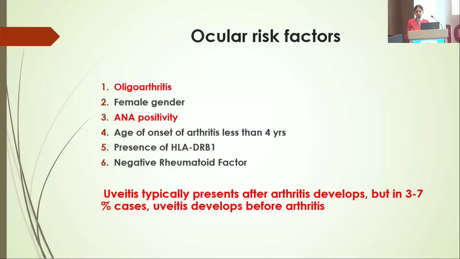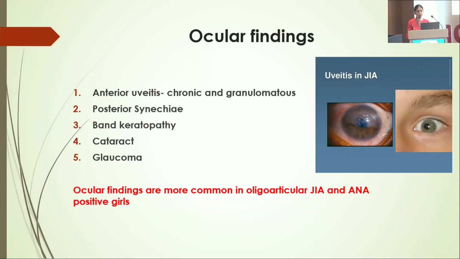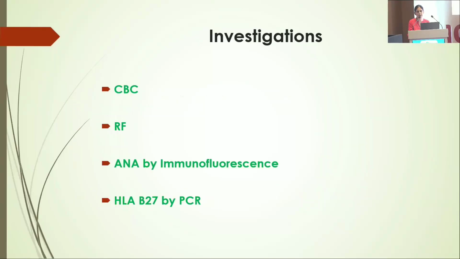So uveitis usually presents after arthritis, but in 3 to 7% of cases, it may develop before arthritis. It presents as anterior uveitis, which is chronic and granulomatous with posterior synechiae, band keratopathy. These ocular findings are more common in oligoarticular JIA and ANA positive girls.